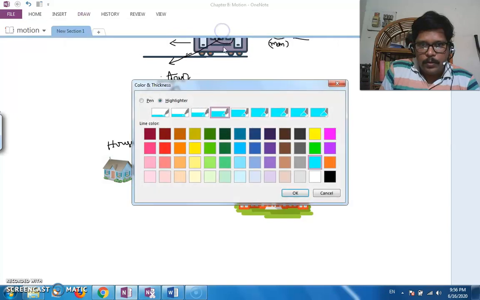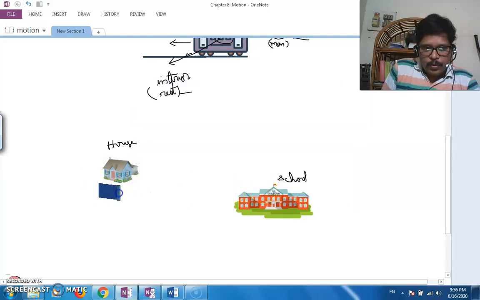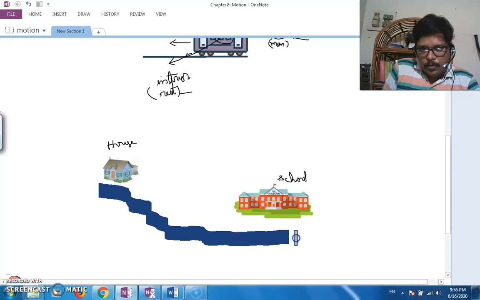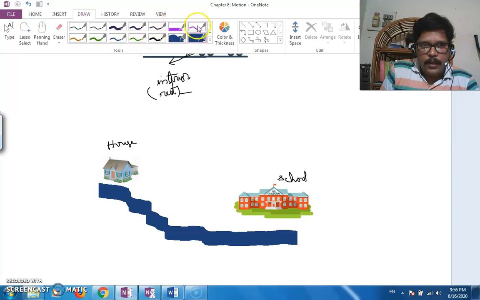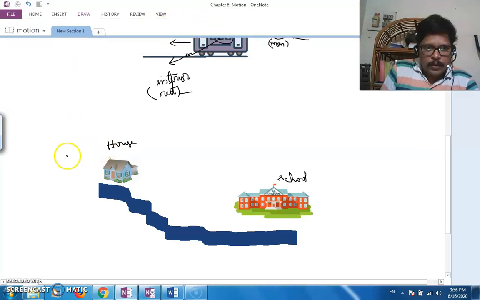You are going to move to the school from home. This is the road. You start from your house, generally we go to school at 8 a.m. in the morning. So you start from your house at 8 a.m.